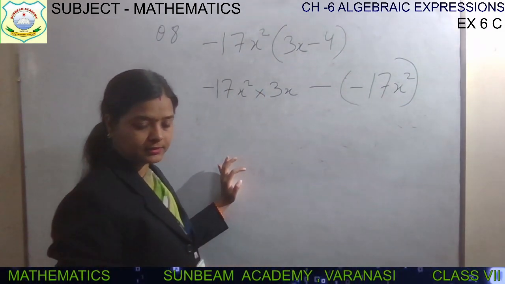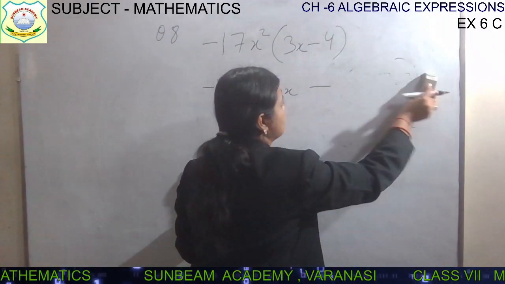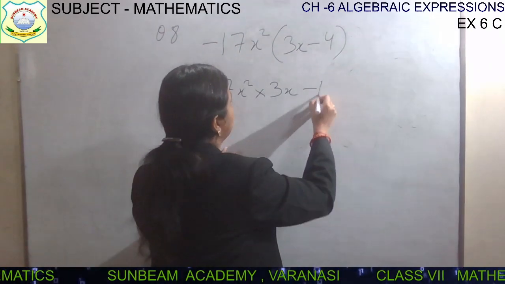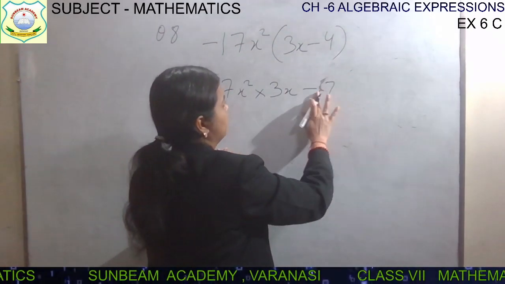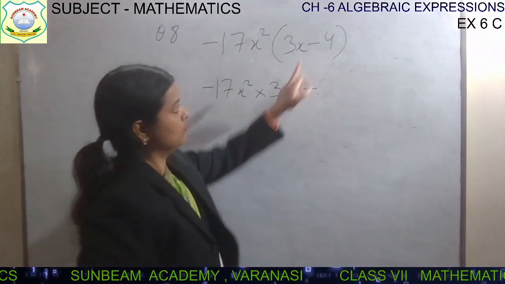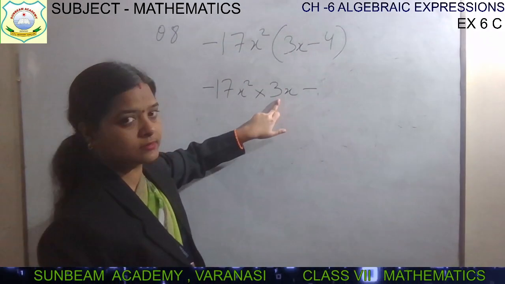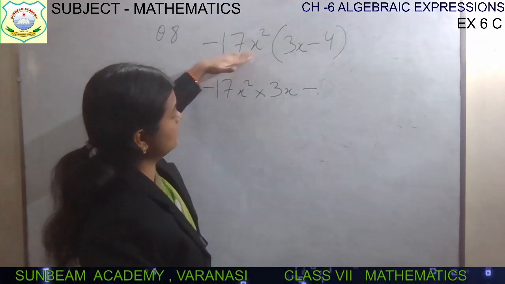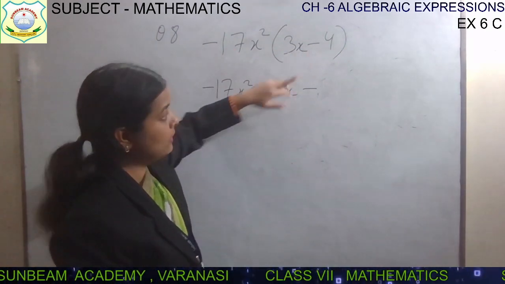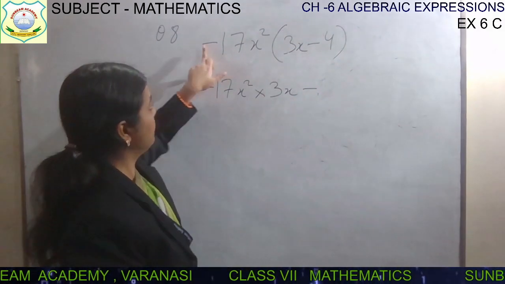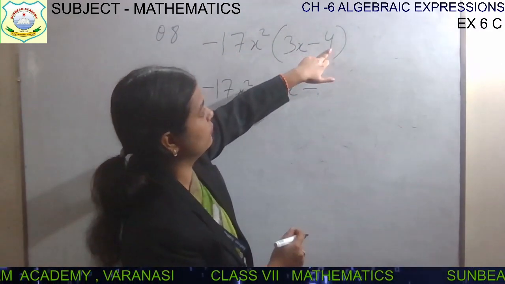Minus 17x square, let me make it small. Till here we have done minus 17x square into 3x, this into this. Now the sign will come down, minus, minus children, minus 17x square into 4.